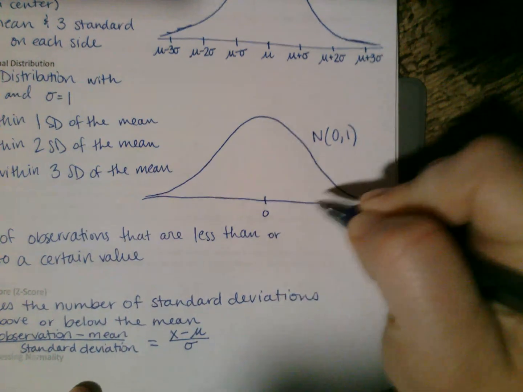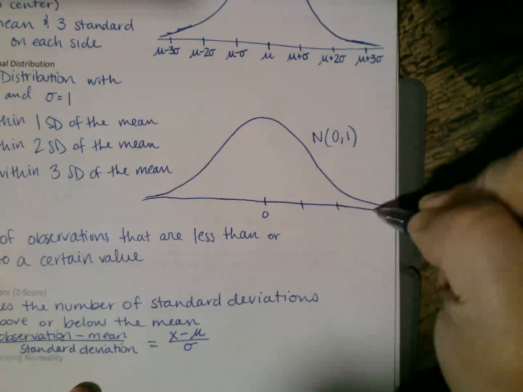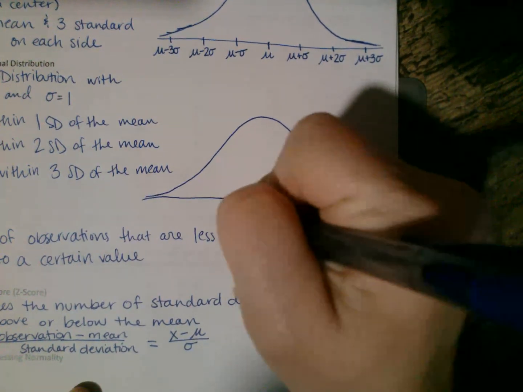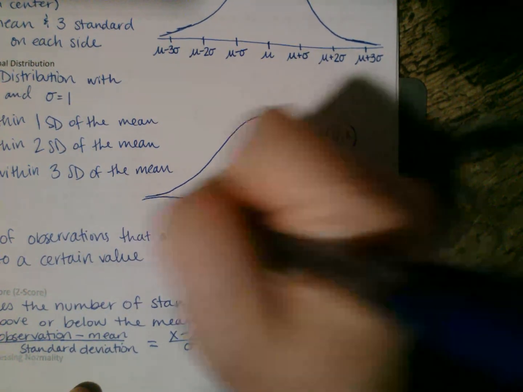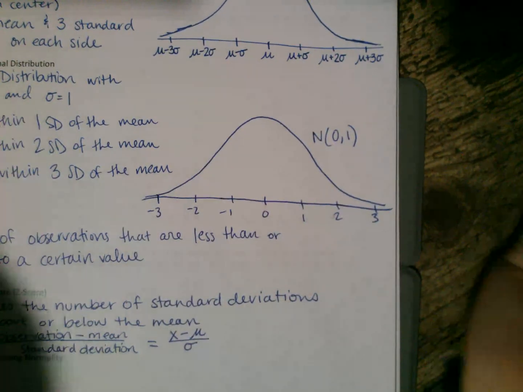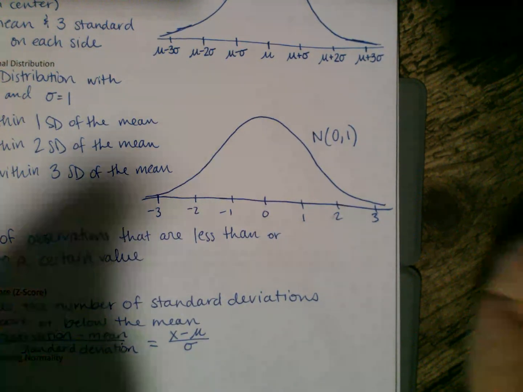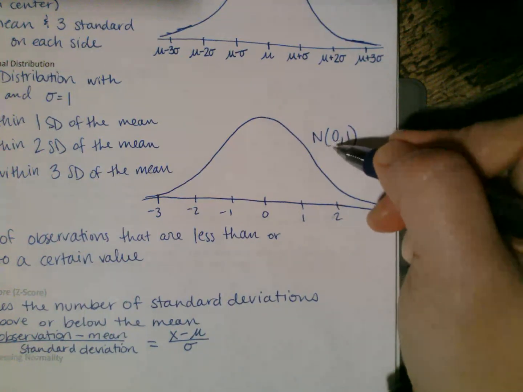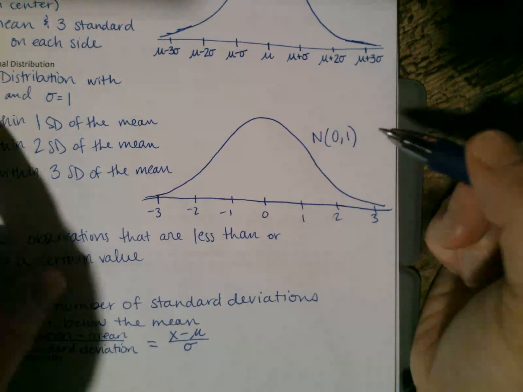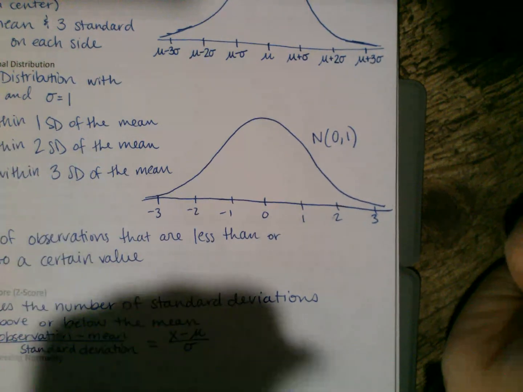So that puts 0, 1, 2, and 3. And then -1, -2, and -3. But this empirical rule applies to any normal distribution. So these could be any numbers for the mean and standard deviation. As long as it's normal, this empirical rule will apply.